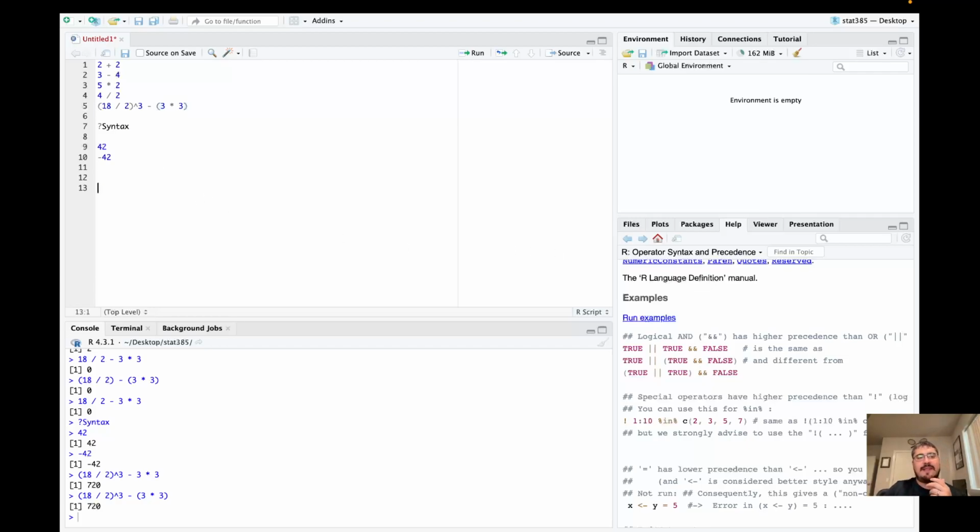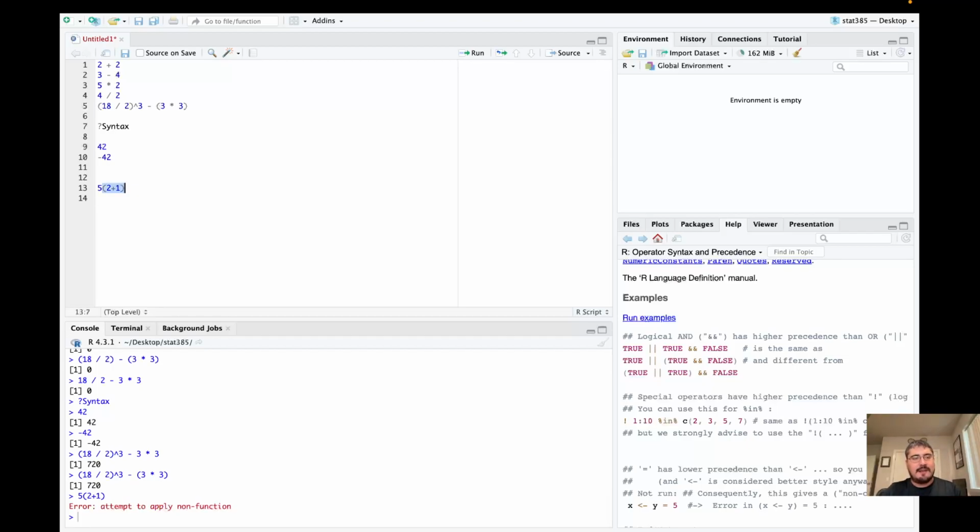I think it's very tempting, since we have right here the specific operator for setting up a multiplication, to want to do something like an expression in parentheses, where we would understand this to be 15. R will complain.